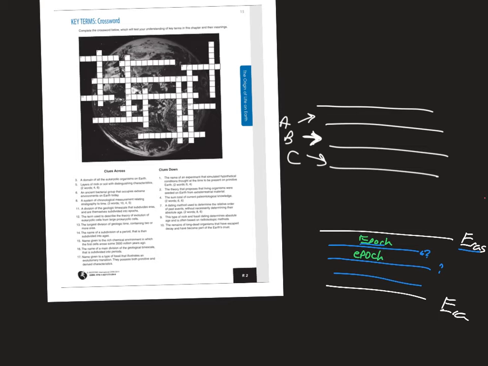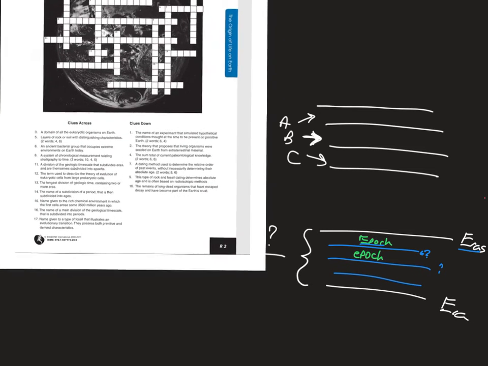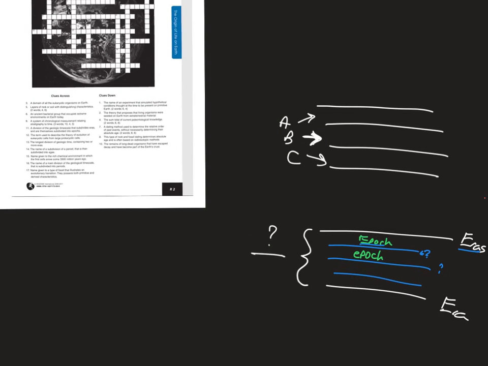Longest division of geologic time containing 2 or more eras. So there's some time scale that's going to include 2 or more eras. What's that called? Okay. So then you have a period.